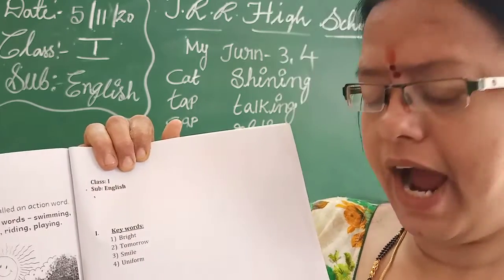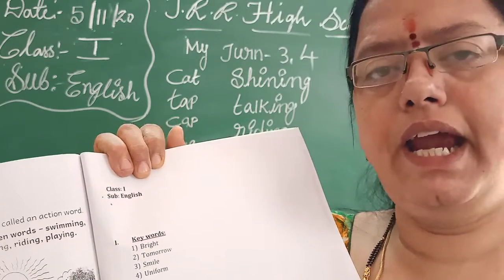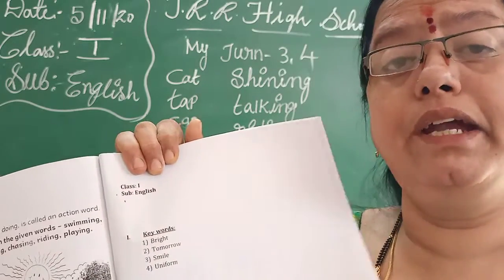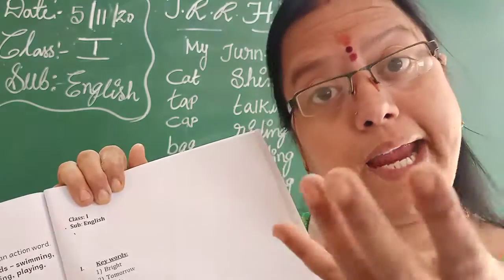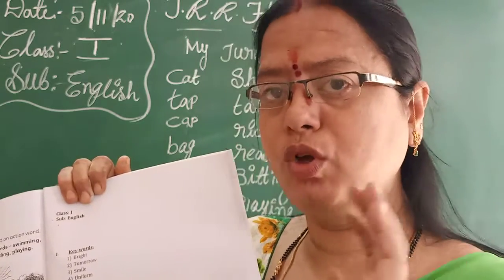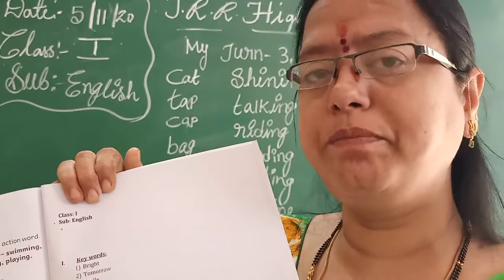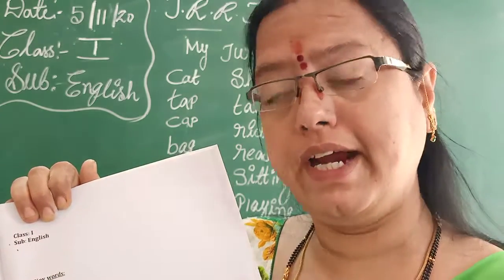I ate, morning only I ate. E-A-T, eat. A-T-E, ate, present tense and past tense. So I ate mango yesterday, ma'am. I ate sweets yesterday, ma'am. No, if already yesterday you ate, that means the day before yesterday. So you have to say I ate the fruits, I ate the sweets.